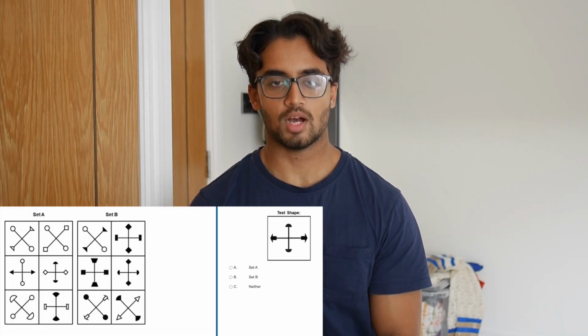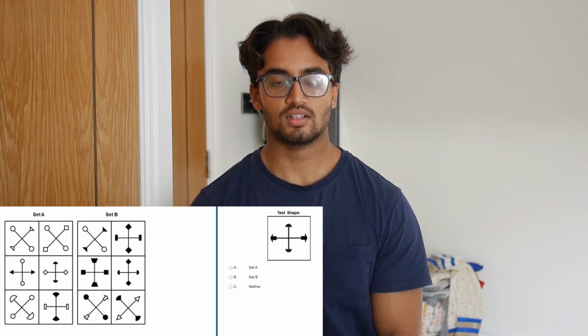So now in terms of figuring out the rule for a given image, say for the example I have up on the screen, what you want to do is look at set A, see if you can pick out anything that stands out. Look at set B, see if you can pick out anything that stands out, and see if you can put together a rule for each set.